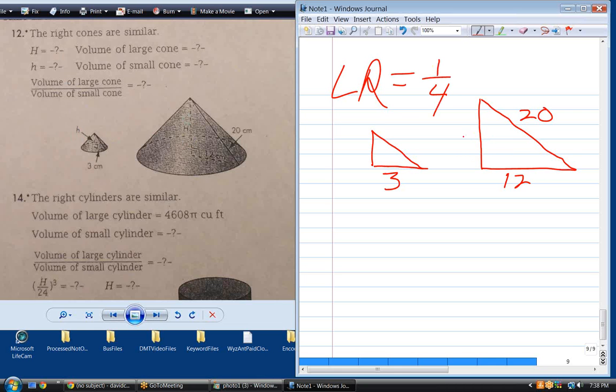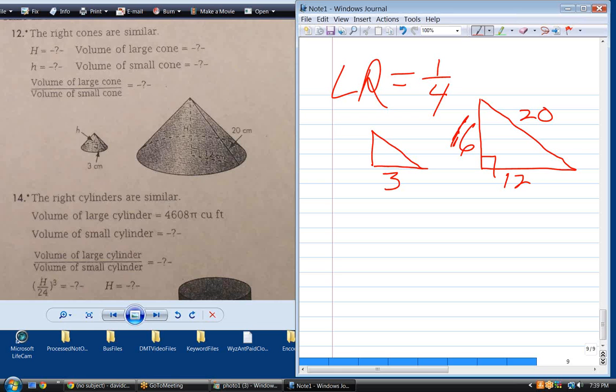What's this side right here? It's a right triangle. It's a 3, 4, 5 right triangle. So it would be 16, because it goes 12, 16, 20.